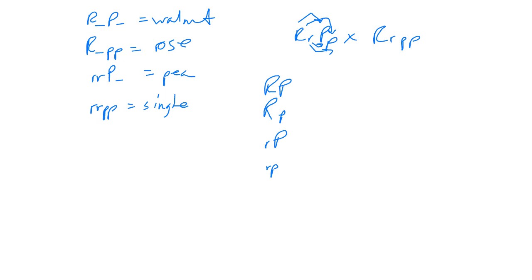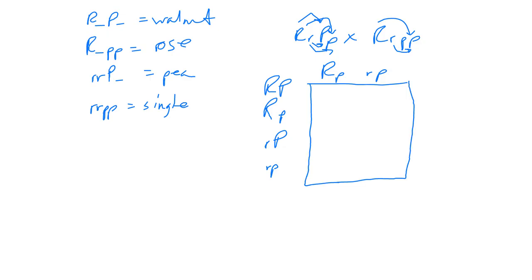With this individual, a big R with a little p. Only going to do it once, don't need to do it twice. And a little r with a little p. Only going to do it once, don't need to write it twice, because we're going to get the same ratios at the end. So big R, big P, little p.